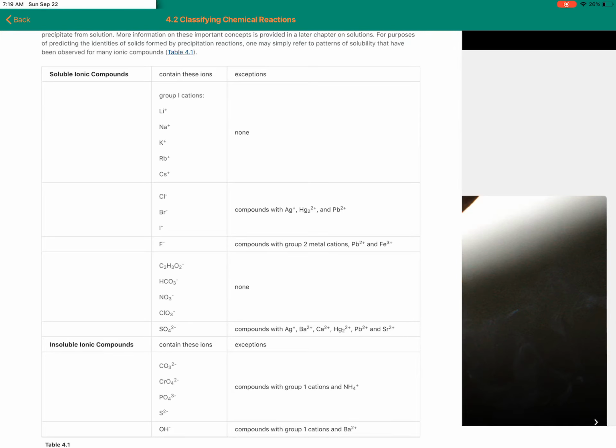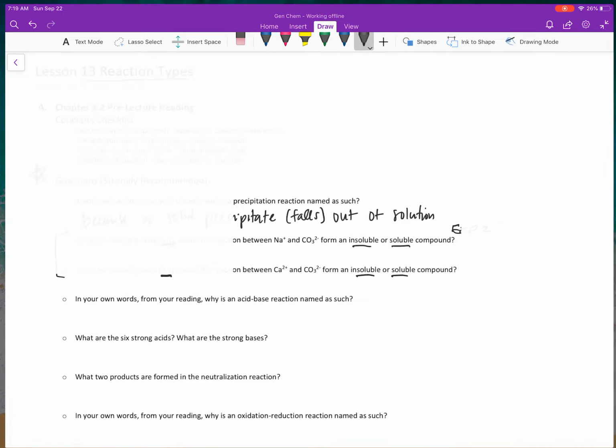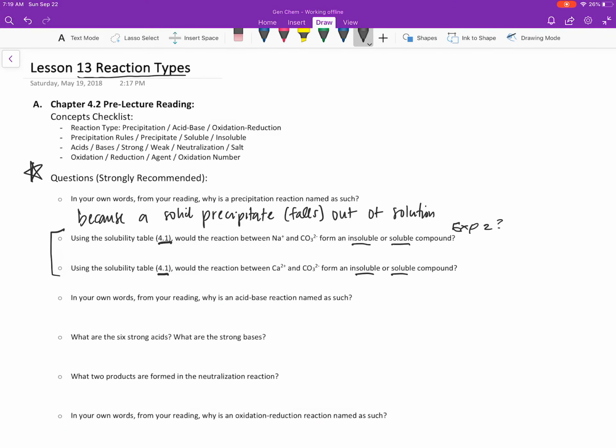Okay, with that information, let's go back to our notes. Our rule was that carbonate is insoluble except with group 1A cations. If I look back at my questions, sodium is a group 1A, meaning that this is going to form a soluble compound.